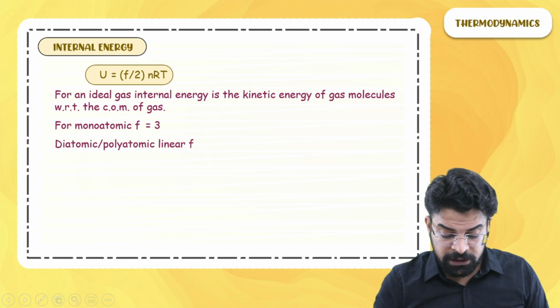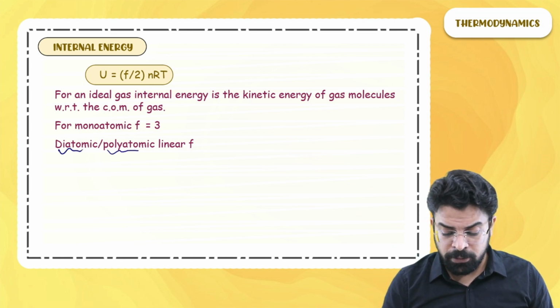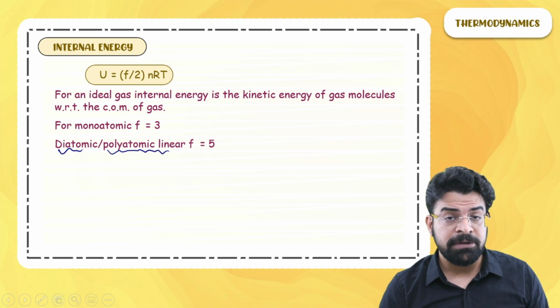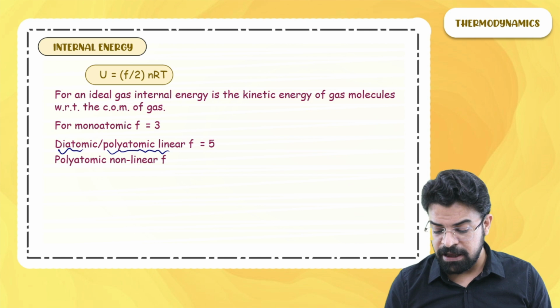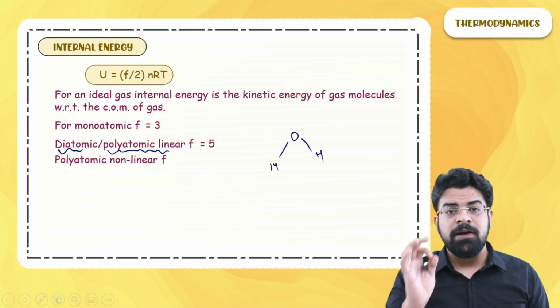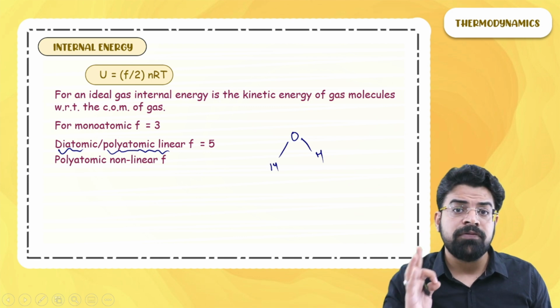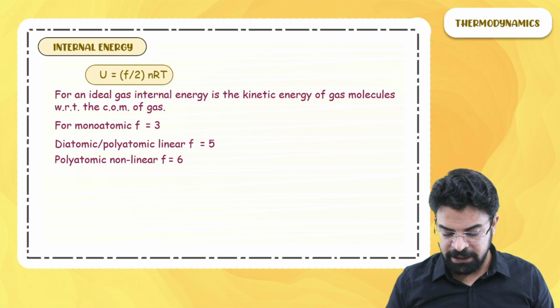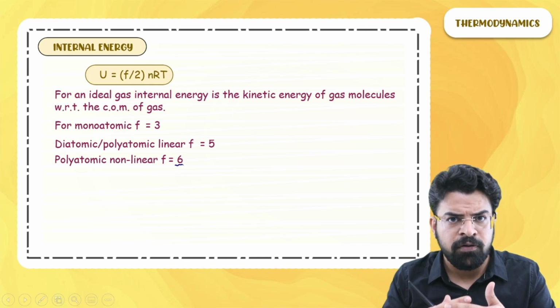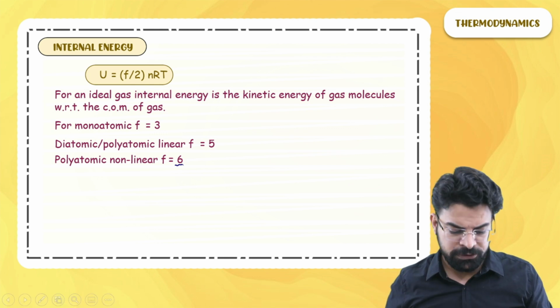So for a diatomic molecule or polyatomic linear molecule, the degree of freedom is 5. And for a polyatomic non-linear molecule, in which the atoms are not in a straight line, for example H2O, you can't find one axis along which the moment of inertia will be 0. For a polyatomic non-linear molecule, the degree of freedom is 6. So you should remember the degree of freedom for different types of molecules.